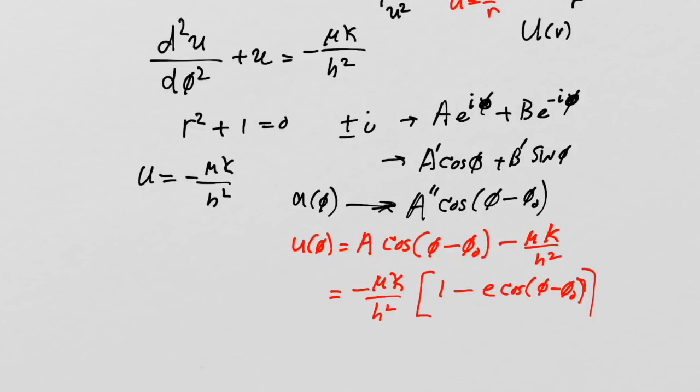So I'm basically using this extraction of mu kappa over h squared, which is an arbitrary constant of the differential equation. What gets left behind is still an arbitrary constant, but I'm going to give that constant a name. I'm going to call it e, which is the eccentricity of the orbit.